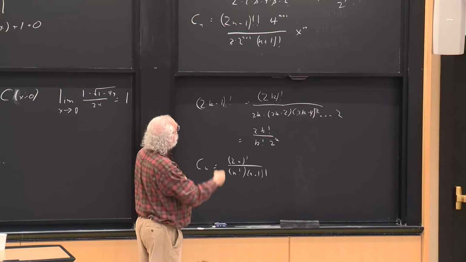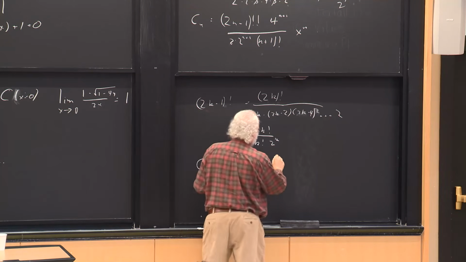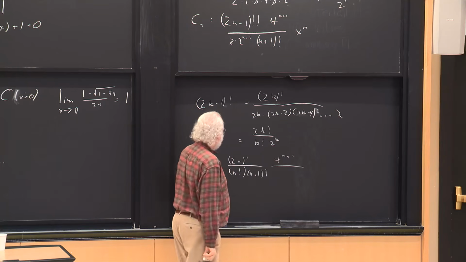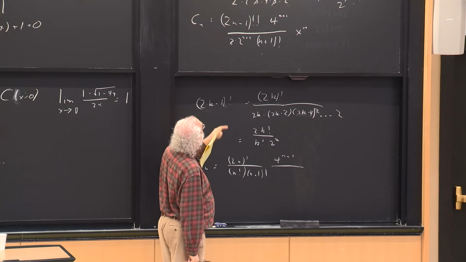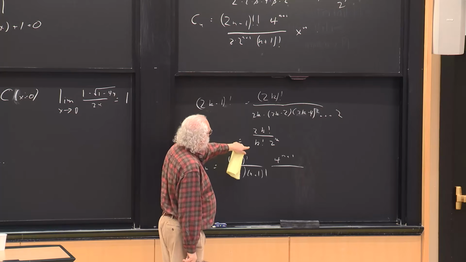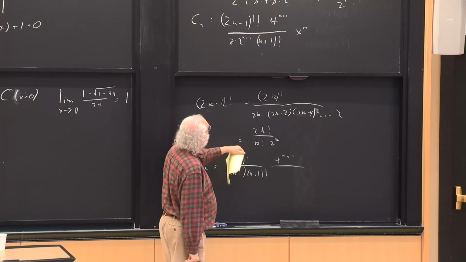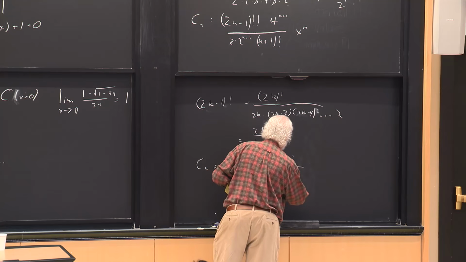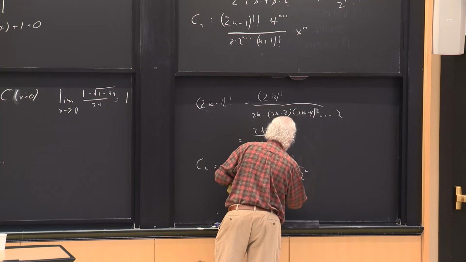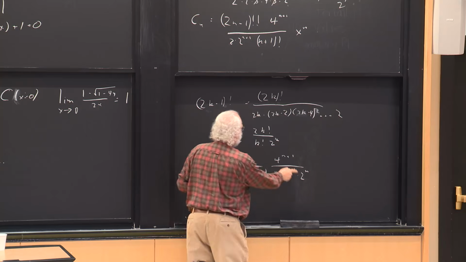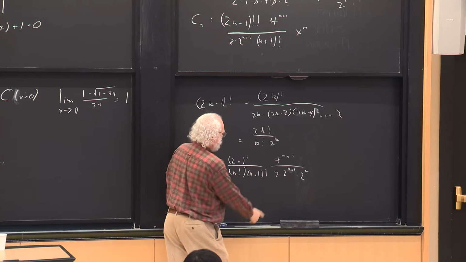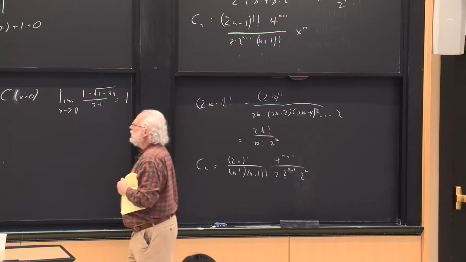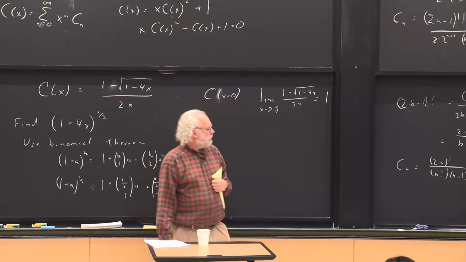There's a 4 to the n plus 1 on top, and there are two times 2 to the n plus 1 times 2 to the n on the bottom. This 2 to the n comes from this one, this 2 to the n plus 1 comes from that guy, and the 2 comes from this 2x.